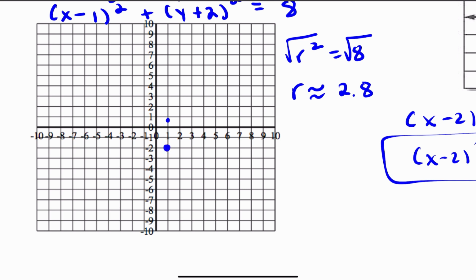So it should be right here. I need to go down 2.8, and I need to go left 2.8. And there you go. You have a circle.